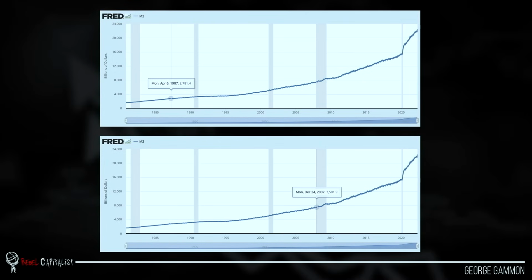It was not something that the Fed was micromanaging. Here's a chart, those two charts of M2 that show those numbers I was just referring to. In '87, 2.7 trillion M2 money supply with 60 billion in reserves. In 2007, we have 7.5 trillion in M2 with 40 billion in reserves.